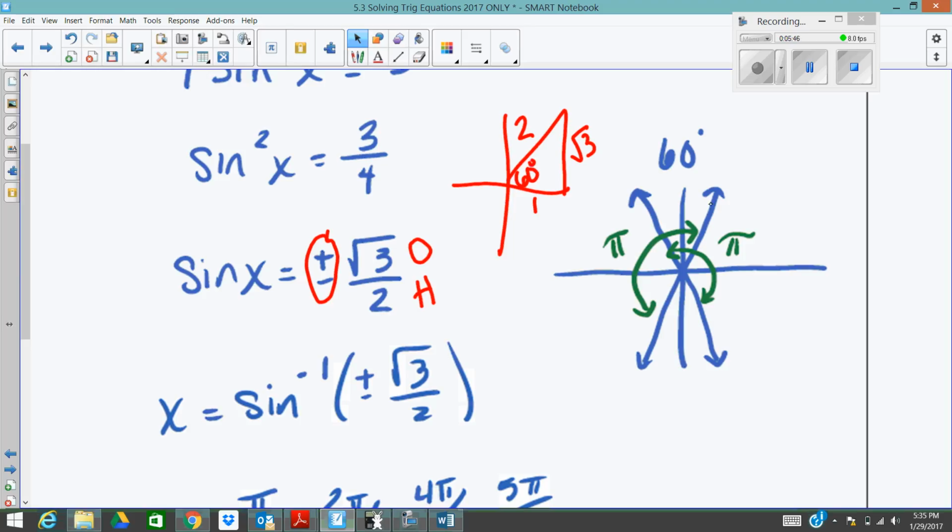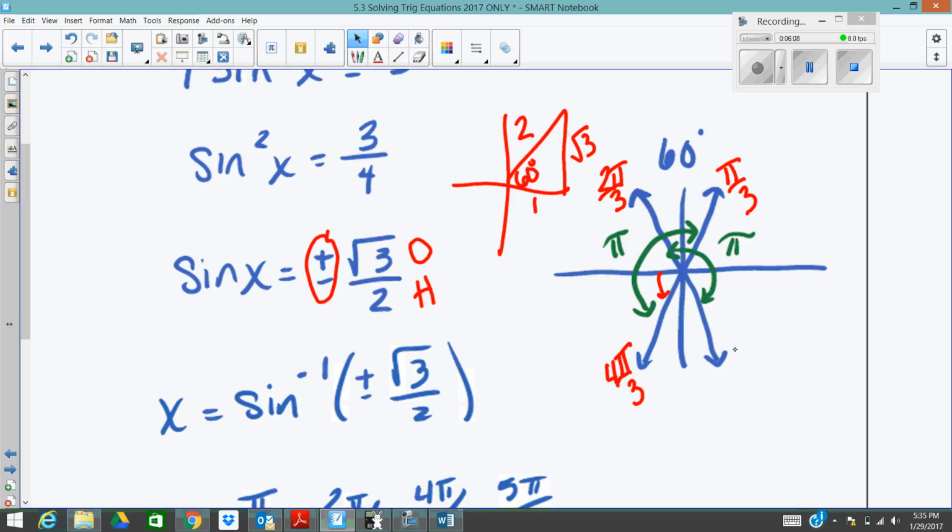So that means in quadrant 1, that's pi over 3. In quadrant 2, that's 2 pi over 3, which we can get by doing pi minus pi over 3. In quadrant 4, that's 4 pi over 3, which we can get by doing pi plus pi over 3.